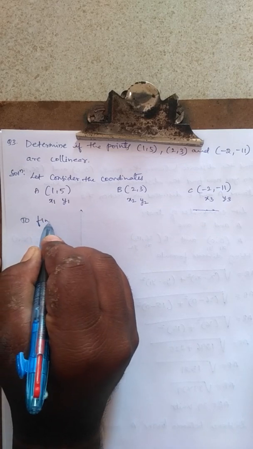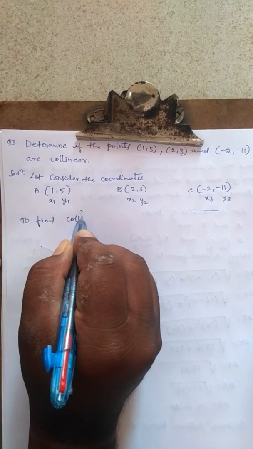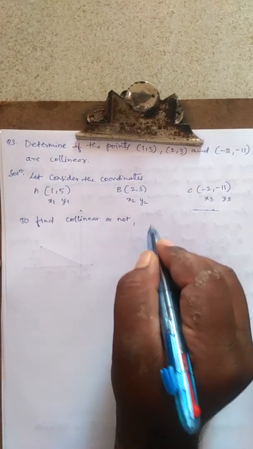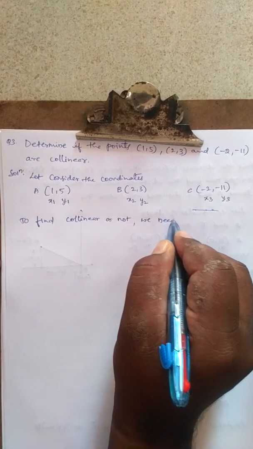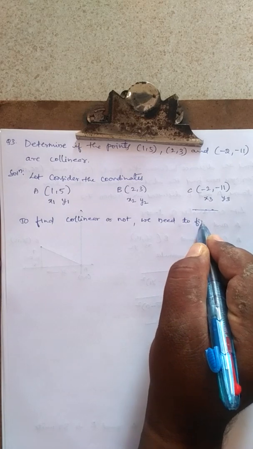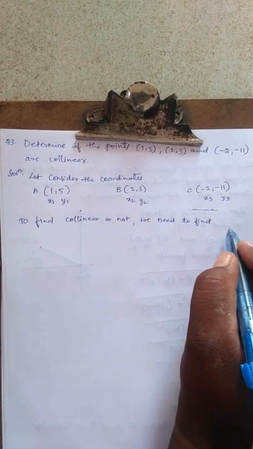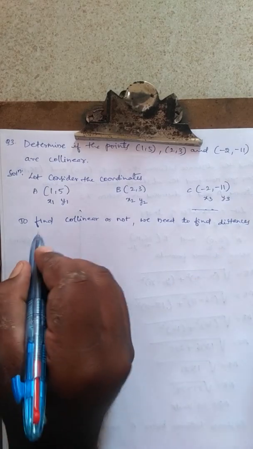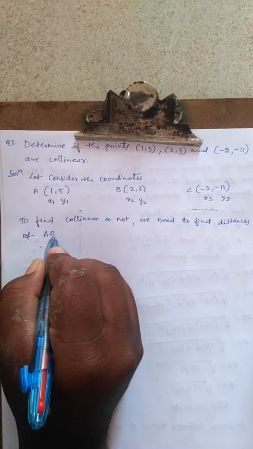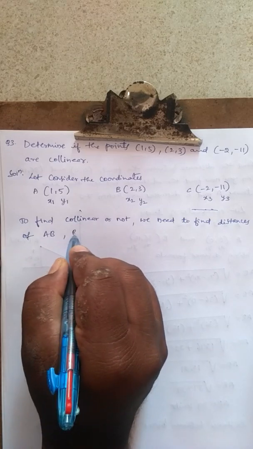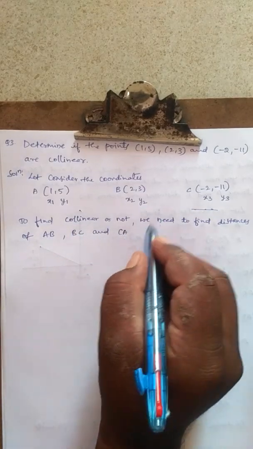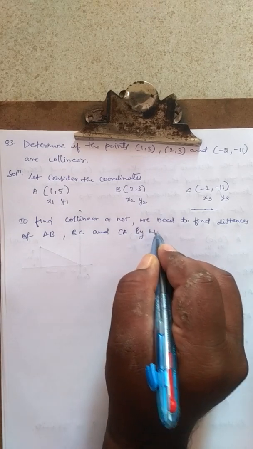To find whether they are collinear or not, we need to find the distances of AB, BC and CA by using the distance formula.